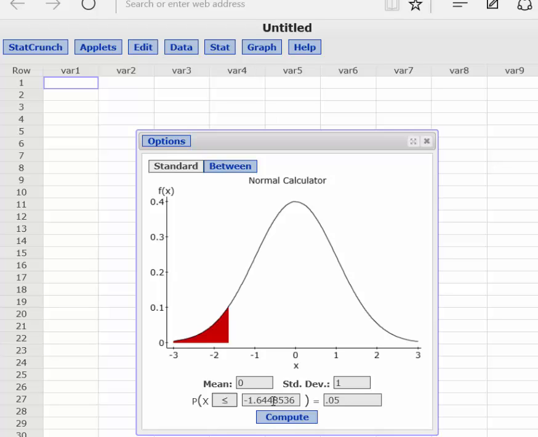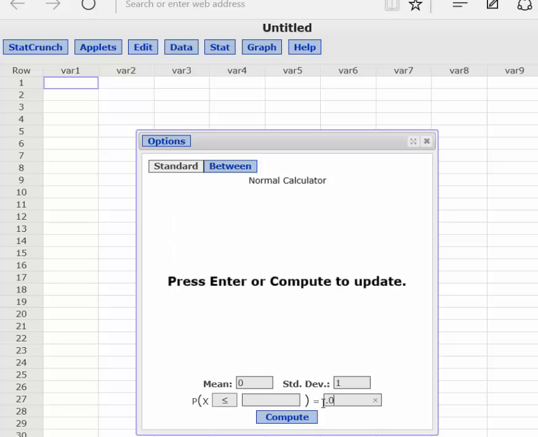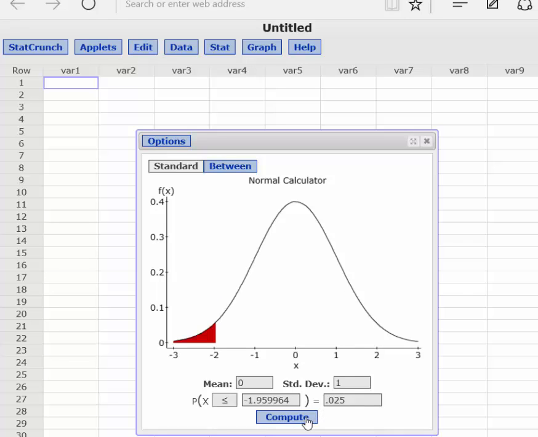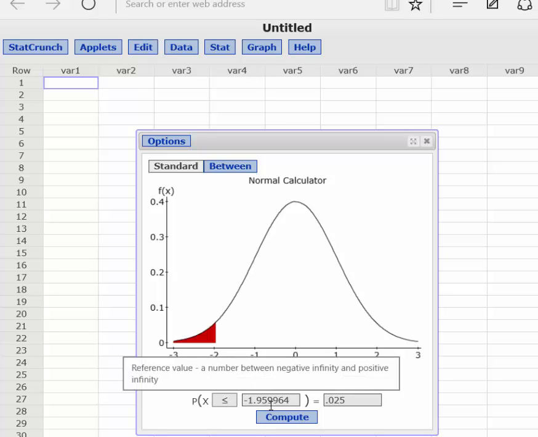Well, the calculator doesn't have a way to do a two-tail test, but what we can do is just remember that in a two-tail test, the probability beyond the critical value is half of alpha. So I'm going to put in 0.025 and compute. And we see that on the two-tail test for a 95% confidence level, the critical z becomes 1.96, and you've seen that before.